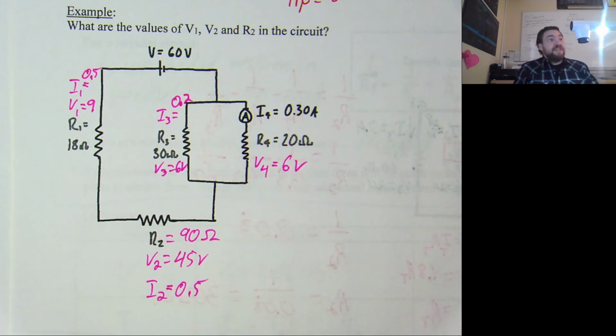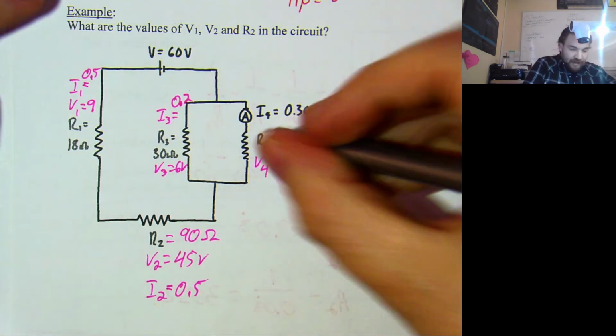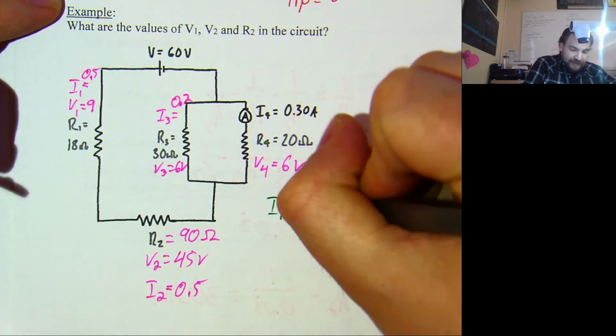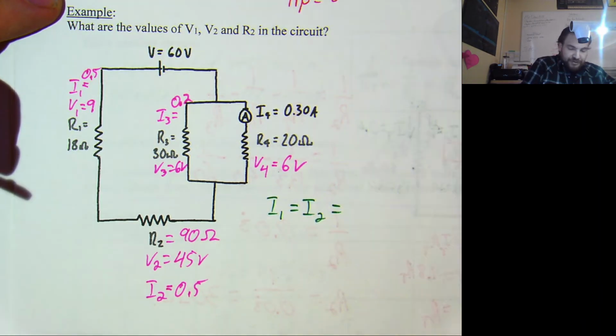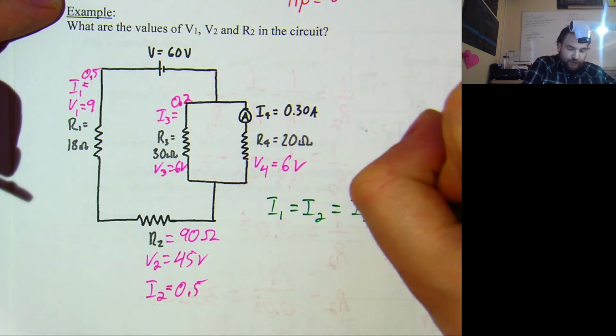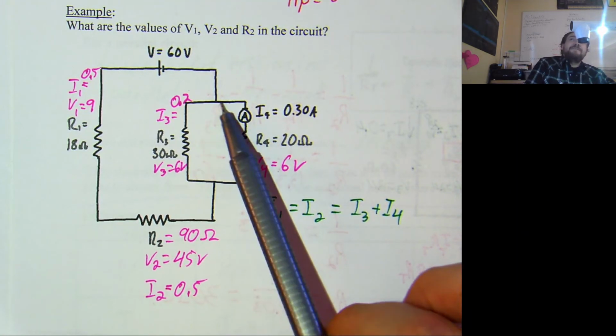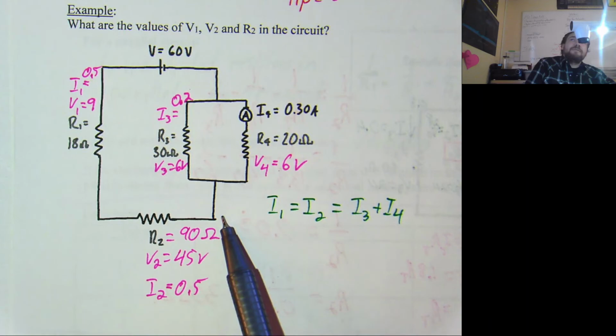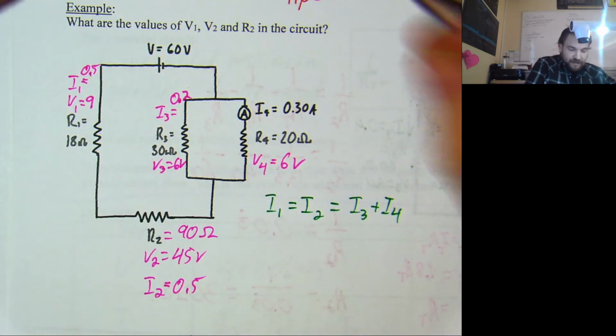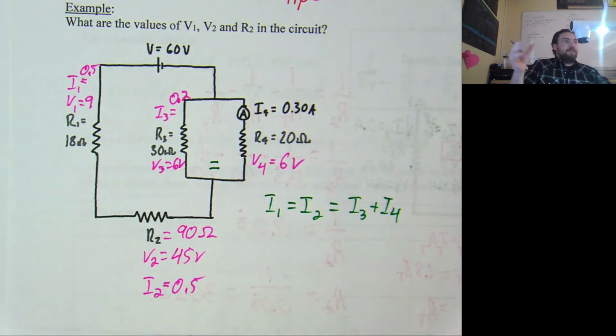So let's put some notes in here of some of the stuff that we argued. We said I1 is going to equal I2, and both of those are going to equal I3 plus I4. These two are going to combine here to give me the main branch. We know V3 and V4 have to be equal because the branches in a parallel circuit have to be equal to each other. Voltage drop has to be the same down both.